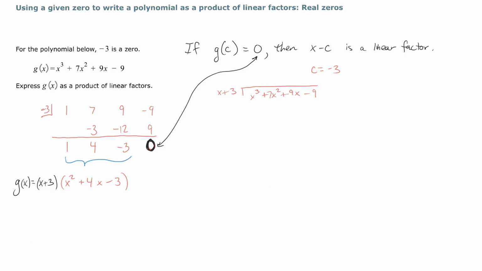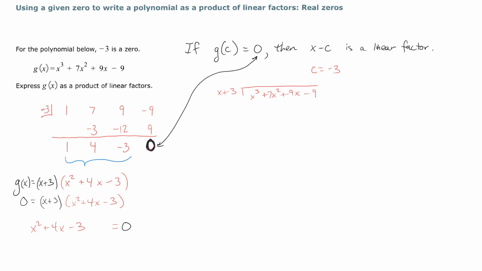I'm actually going to put a 0 here, and we're going to solve this equation. So if we solve this equation, we already know x equals -3. That's nothing new. But what we want to do now is take x squared plus 4x minus 3 and set this equal to 0.